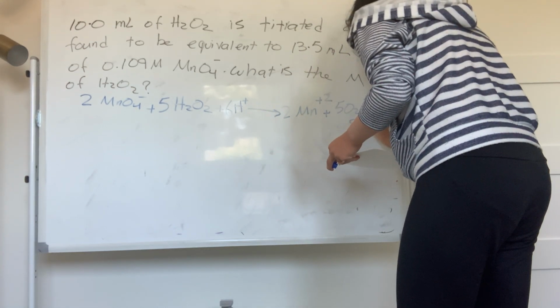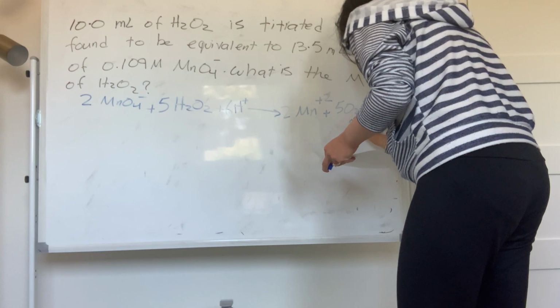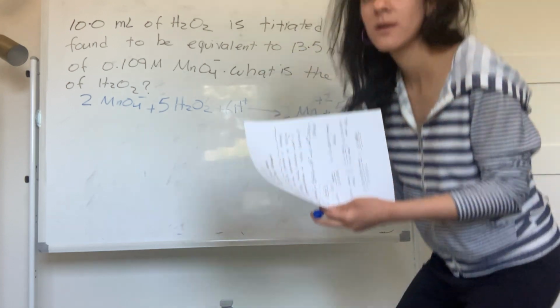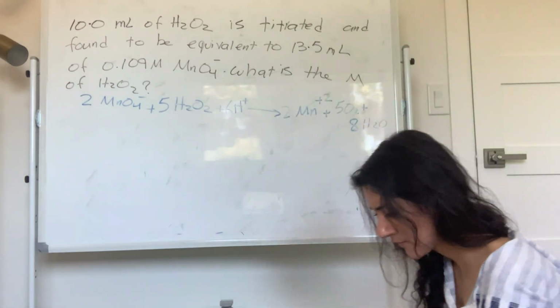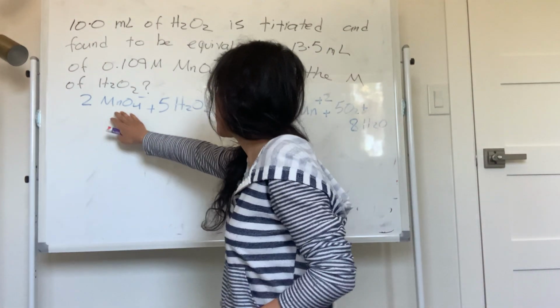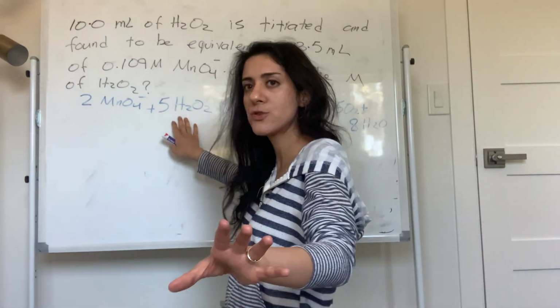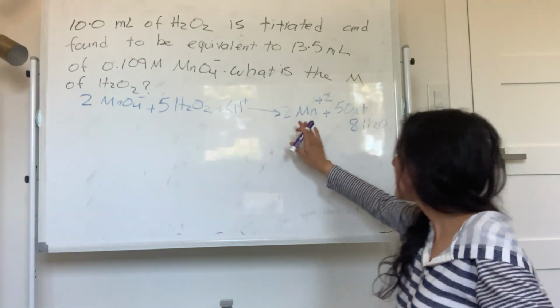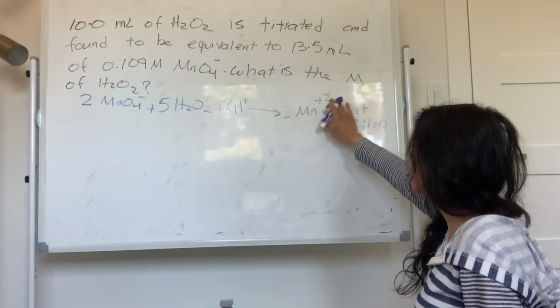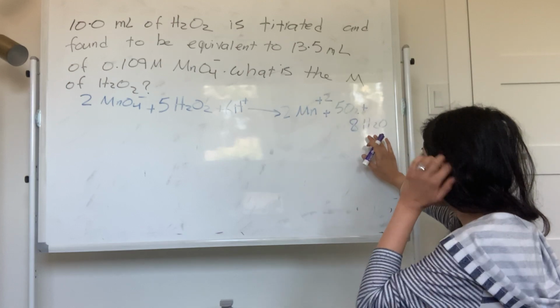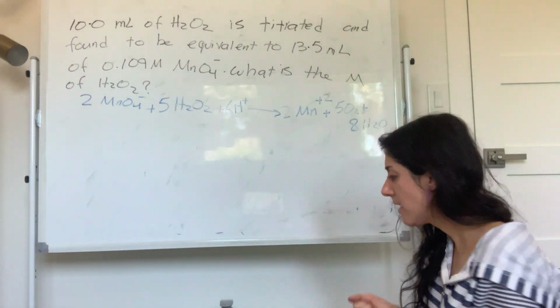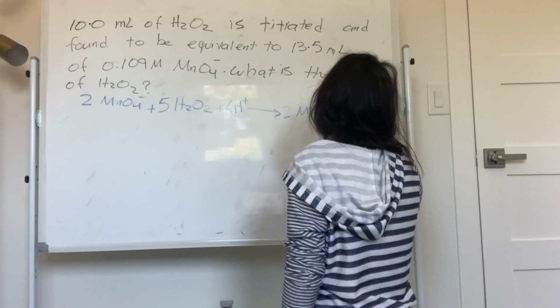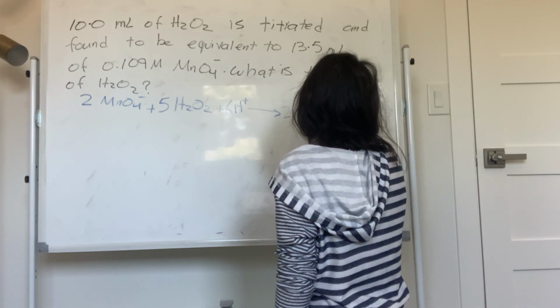Sorry if my marker is about to die, that's why I'm reading it, so hopefully you see those. Okay, so far so good? Okay, so I have 2 MnO4 minus, 5 H2O2, 6 H plus, I'll use a different marker, 2 Mn 2 plus, 5 O2 and 8 H2O. Okay, so that's what I got. I'm gonna use a different marker.